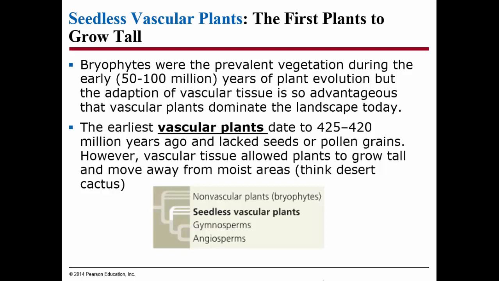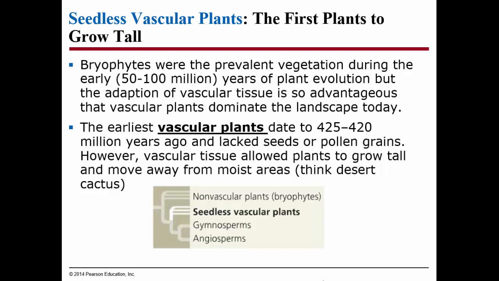Because they had specialized roots for obtaining water from deep within the soil, and they could transport that water throughout the structure of the plant, they were also allowed to invade much drier areas than the non-vascular plants.